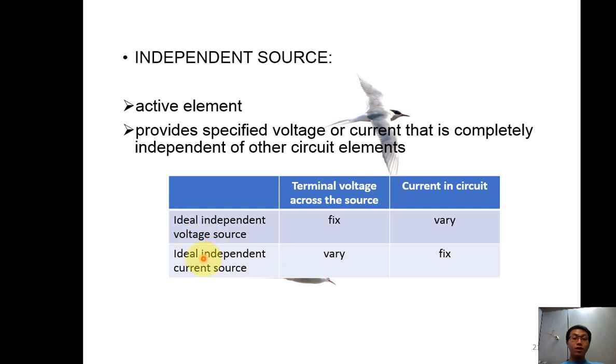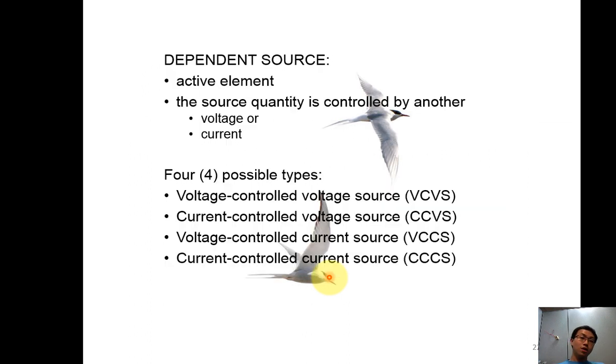If it is an ideal independent voltage source, the terminal voltage across the source is fixed. The voltage is fixed, but the current in the circuit will change. If the current source is independent, the current in the circuit will be fixed, but the voltage across the source will change. This is the relationship.